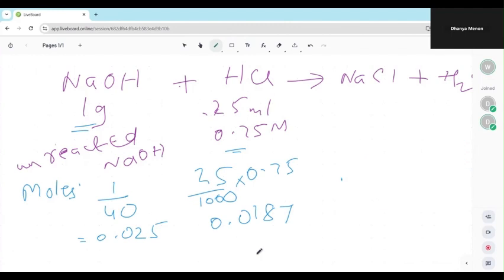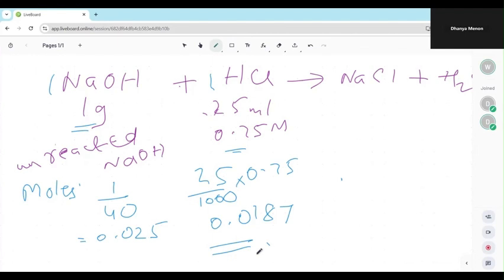What is the next step to find the limiting reagent? We divide by the balancing number. But here both the balancing numbers are 1, so we take the same numbers. Which one is less in amount? HCl. So as expected, HCl is our limiting reagent. Let's check how many moles of NaOH have reacted, because if we find the amount that has reacted, we can subtract it from the total amount.